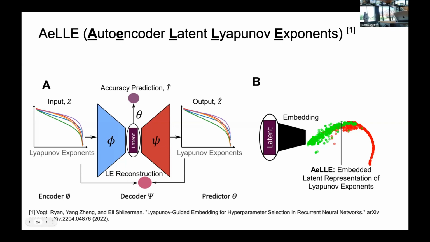As you can see on the right, I mean on your right, on my left, according to the latent space there is a clustering: all the green dots are the good performance networks and the red dots are the bad performance networks. So just based on this latent space, we can do the clustering based on the Lyapunov spectrum.